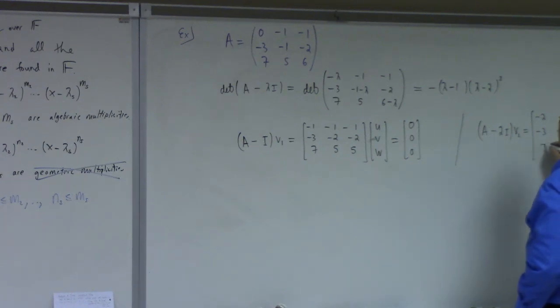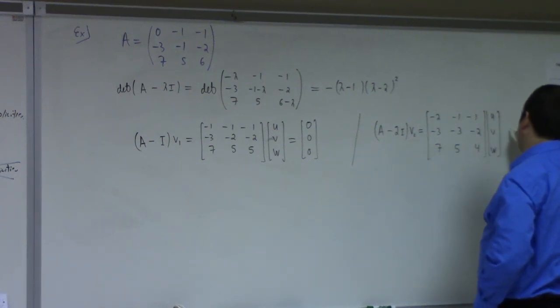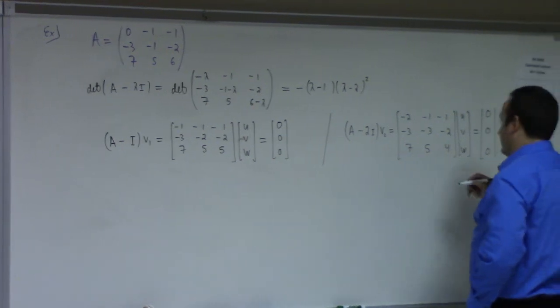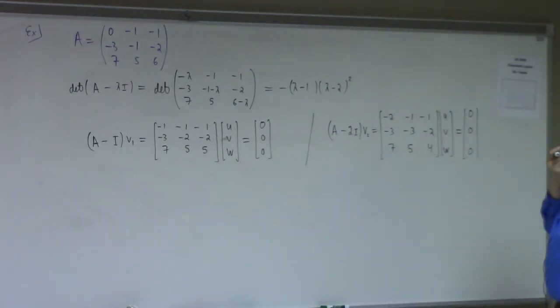I blame Lorenzo. Just kidding. u, v, w are my disposable variables. So I need to solve. You find solutions to these.